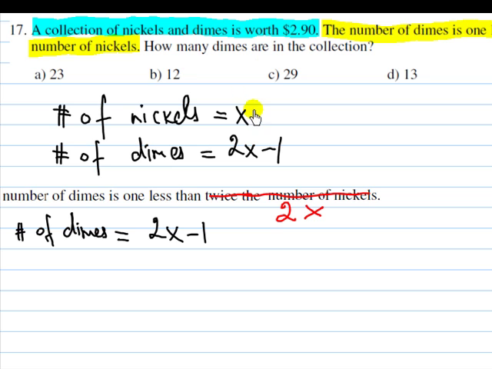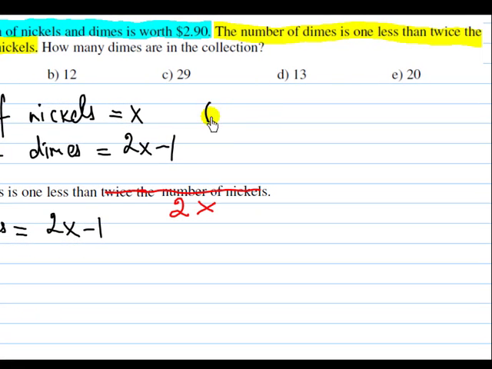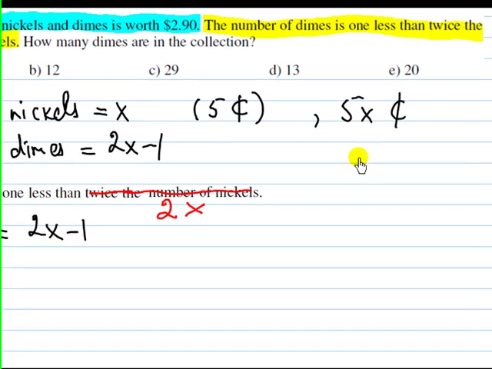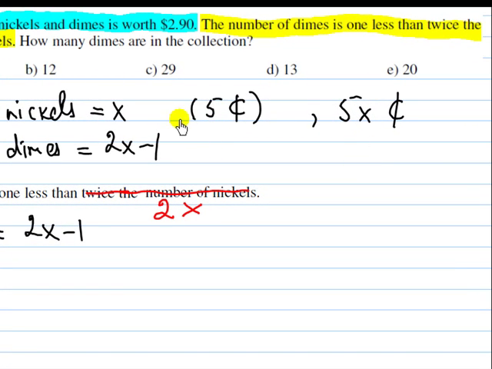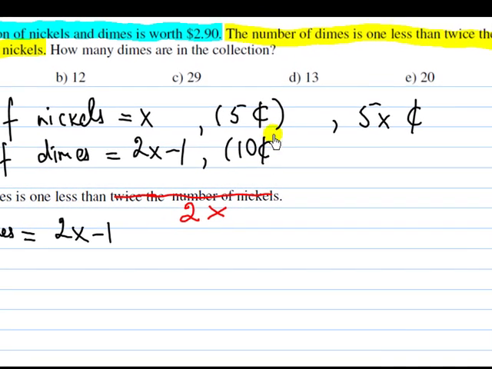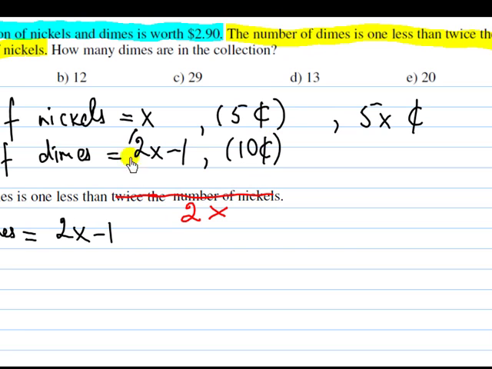Well, if the number of nickels is x, we know 1 nickel is 5 cents. So x nickels will be 5x cents. 1 dime is 10 cents, and we have 2x minus 1 dimes.